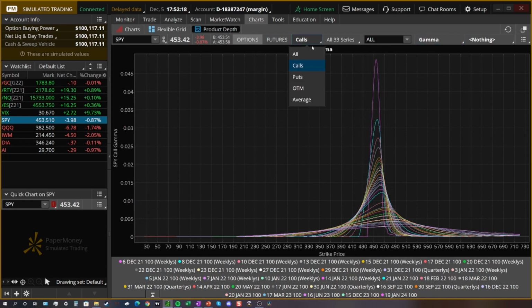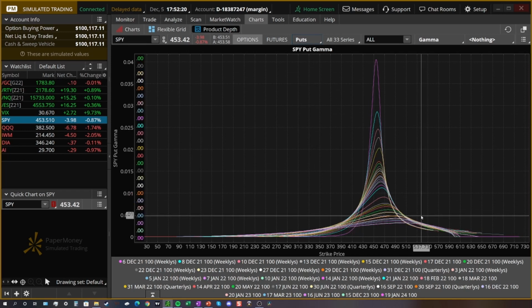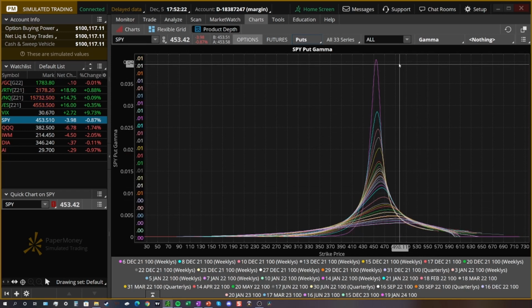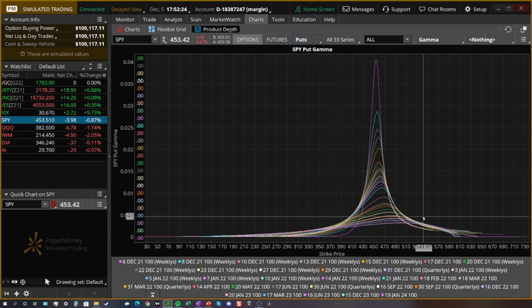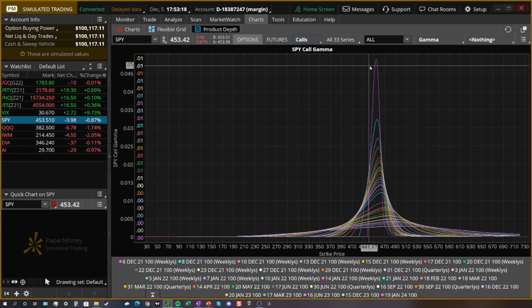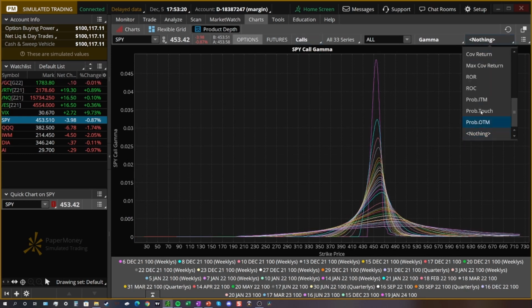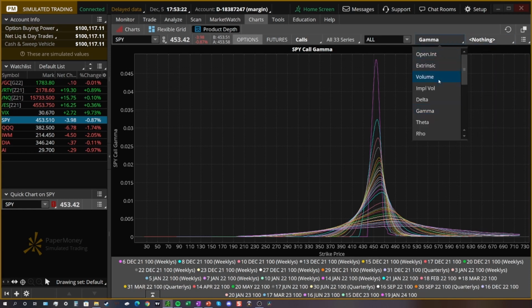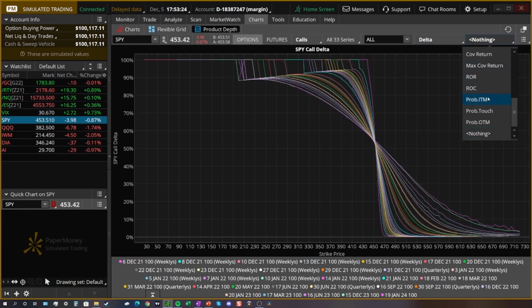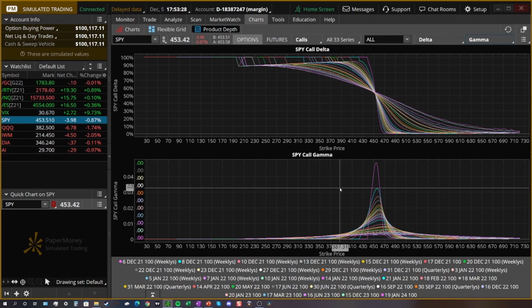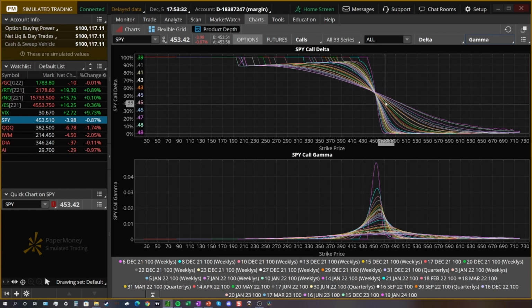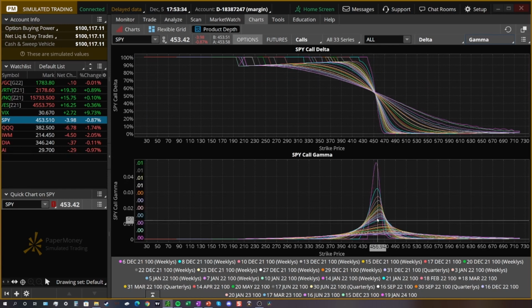And then we'll look at it for puts, and it should be darn near identical, and it's pretty much identical. Now I'm going to throw up both of these charts for just calls. I'll put delta up top, and I'll put gamma down below. And what you see is all the noise is here at the money.